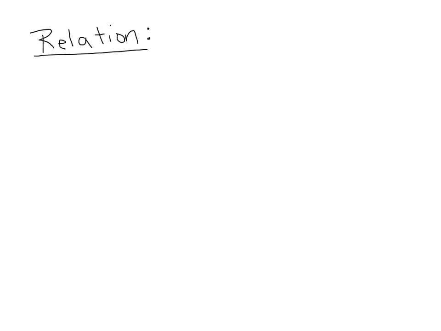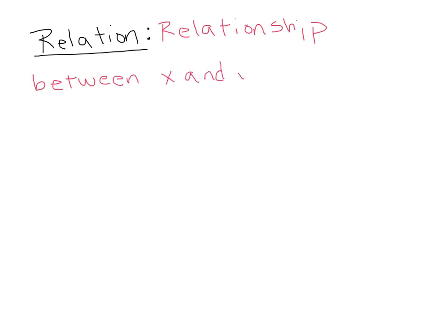And this relation happens when there's a relationship between x and y represented by ordered pairs.